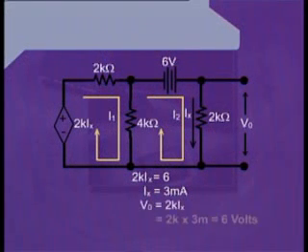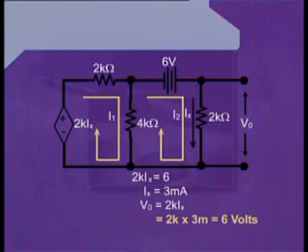For V0, we can write 2k Ix, because V0 is the voltage developed across the 2 kilo ohm resistance. And we have already defined that the current Ix is passing through the 2 kilo ohm resistance which is at the output end of the circuit.